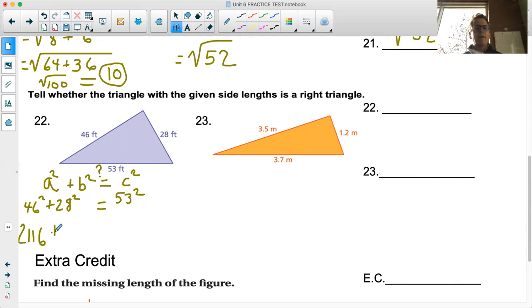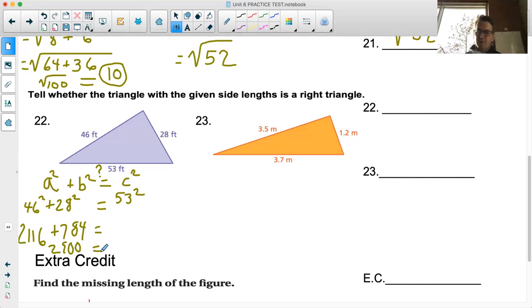Then we add 28 squared, 28 times 28, that's equal to 784. So 784 plus 2,116 is 2,900. And now if 2,900 is equal to 53 squared, we have ourselves a right triangle.